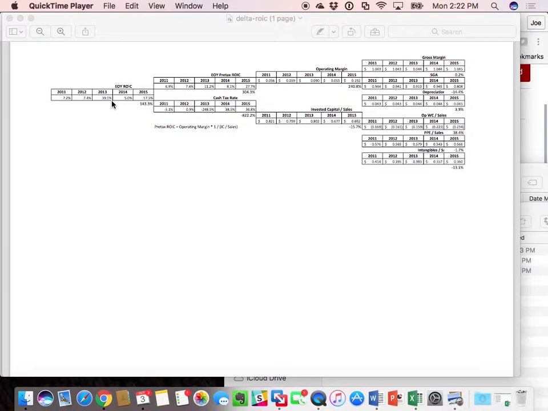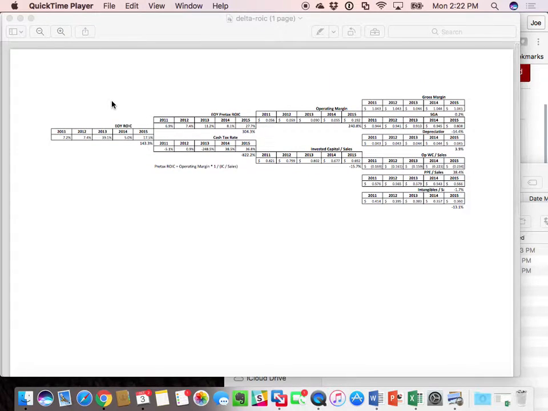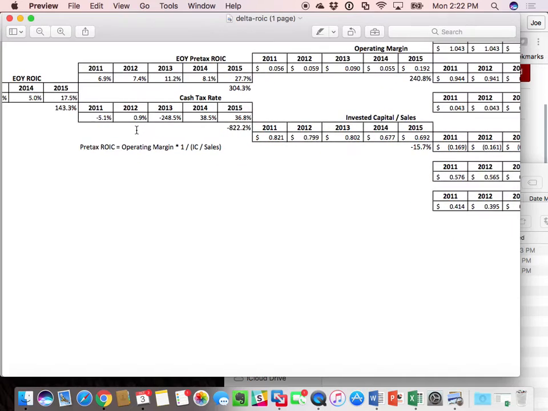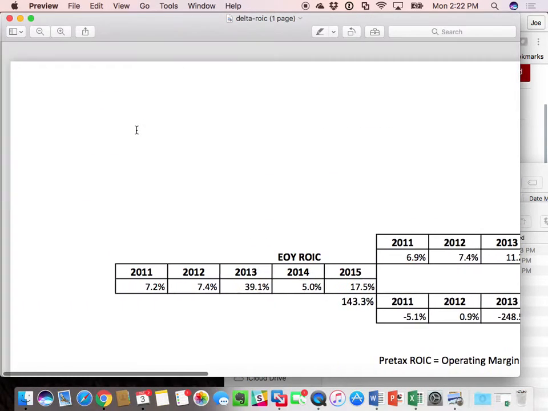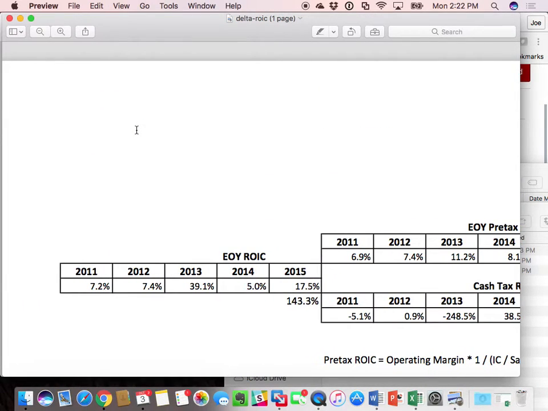Sure. I started with the ROIC tree. Looking at the first level, it's 7.2% return on invested capital in 2011, 7.4% in 2012, and then this huge number leaps out at you, which is 39.1%. So obviously they're doing something big that's drastically increasing their return on invested capital.